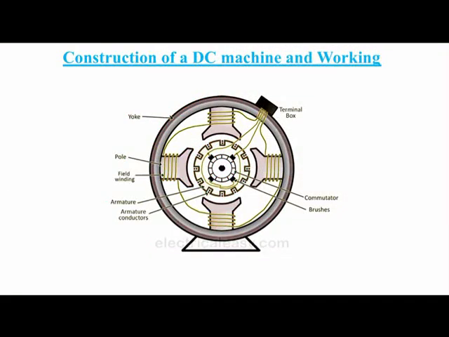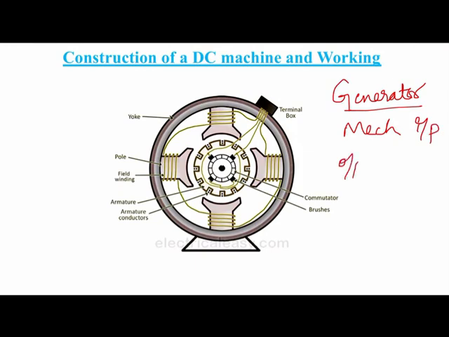First let me consider the DC machine working as a DC generator. DC generator means we give mechanical energy as the input, and the output is electrical energy.